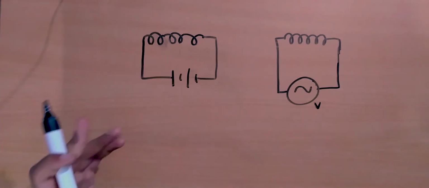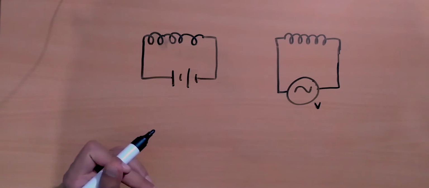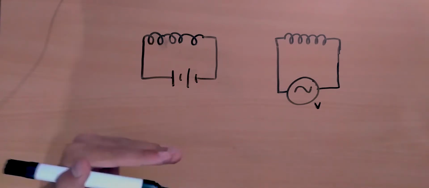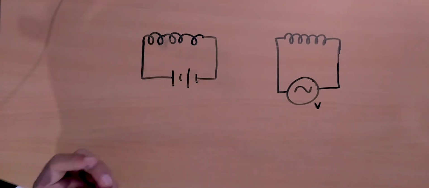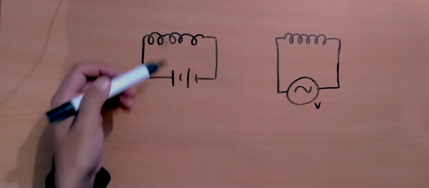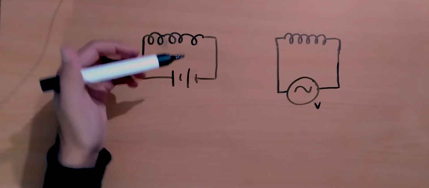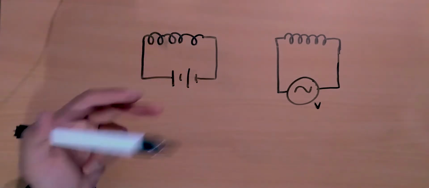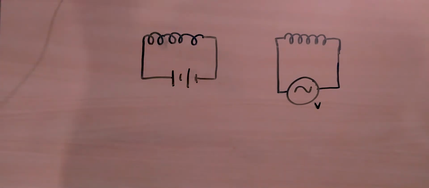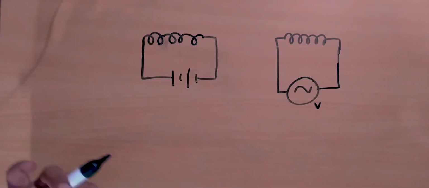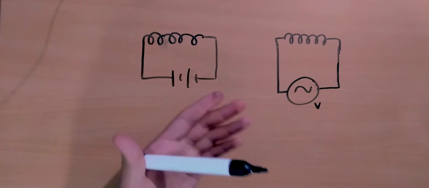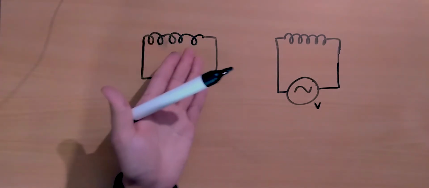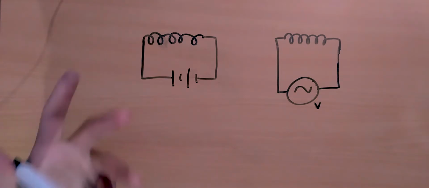What actually happens is that the current keeps on slowly increasing. Now why does it increase slowly? Because the inductor actually tries to inhibit a rapid change in current, because a rapid change in current would mean a very high rate of change of flux through the coil, and that would generate a very high back EMF.